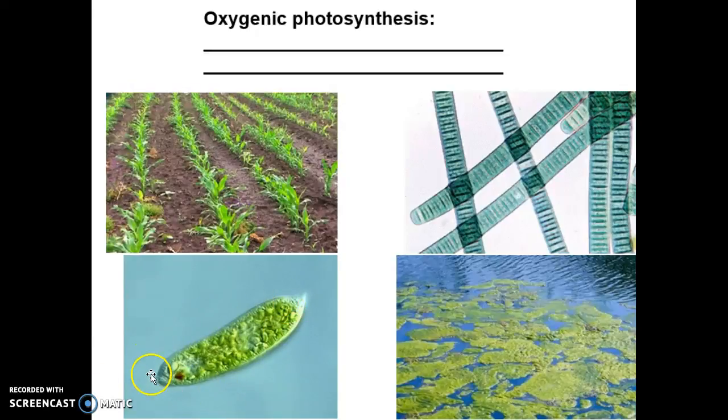This is Euglena, a member of the kingdom Protista, and it's going to run oxygenic photosynthesis in which oxygen is given off as a byproduct of the pathway. So our main focus with photosynthesis will be oxygenic. Again, we look briefly at the anoxygenic, but primarily we want to focus on oxygenic photosynthesis.